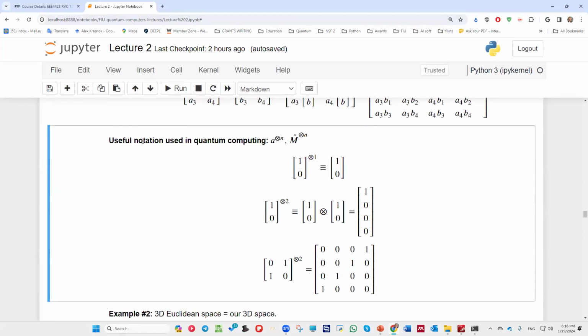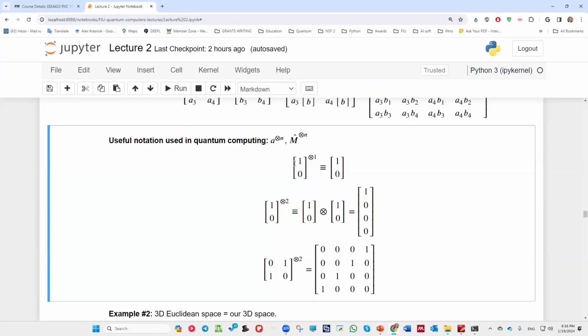Yeah, so there is a very useful notation for this tensor product, also widely used in quantum computing. This tensor power, right? For example, some vector A to the tensor power of n is simply the n-fold tensor product of a vector by itself.